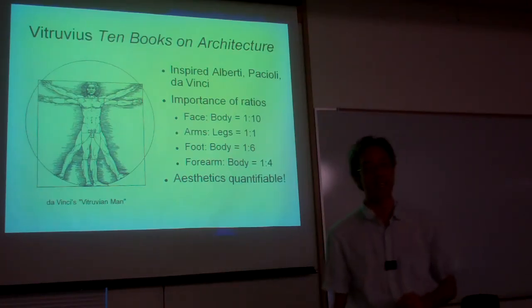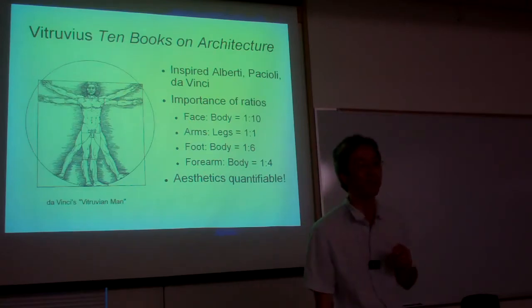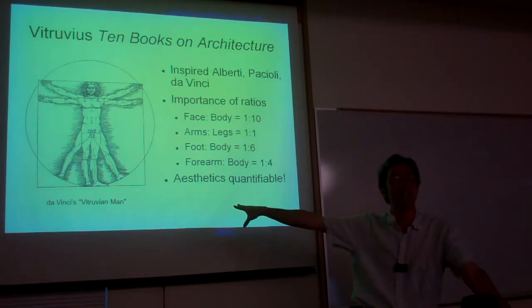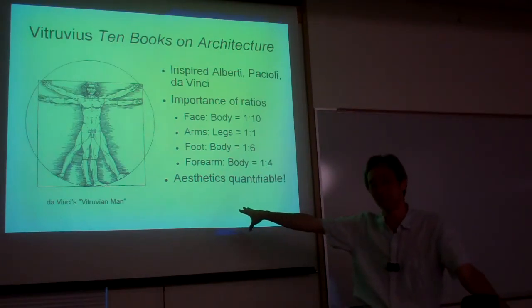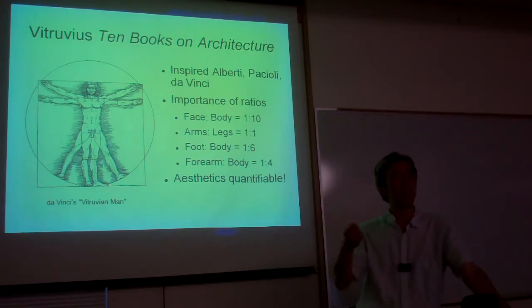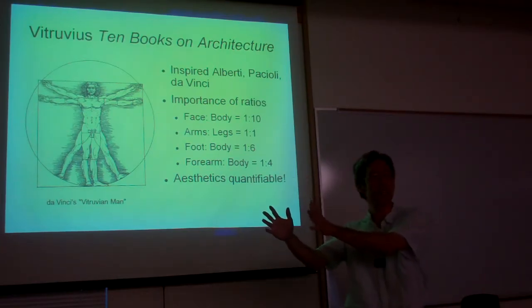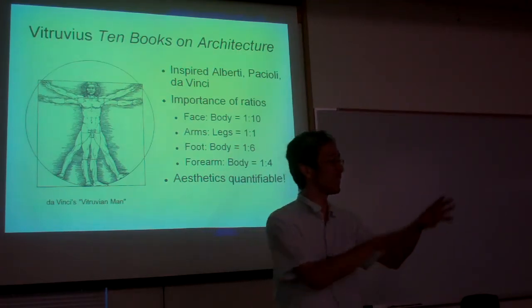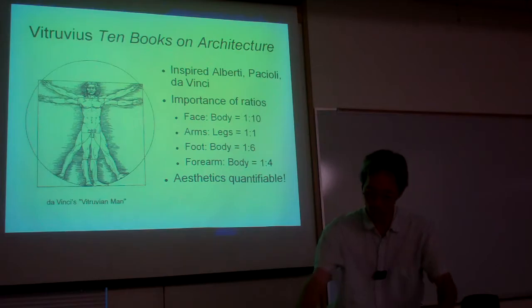So Vitruvius identifies a number of ratios as being important, and one important idea here is that this suggests that aesthetics are quantifiable, that we can assign a numerical value to aesthetics, and that something that approaches that numerical value we would find more aesthetically pleasing than something that deviates from that significantly.